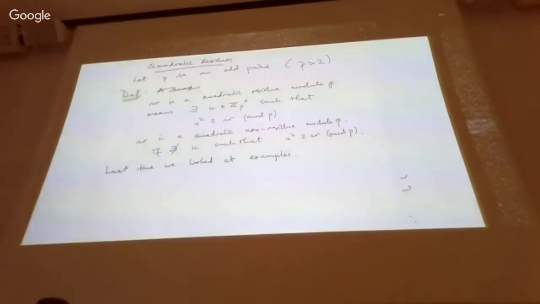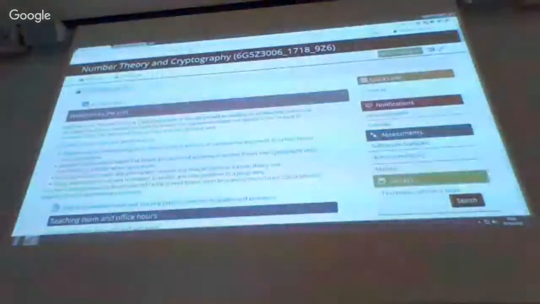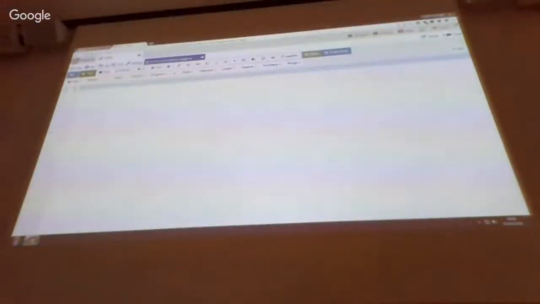So I'll just switch over to the screen now. I'll do this in Sage, but you can very easily do this in MATLAB as well.